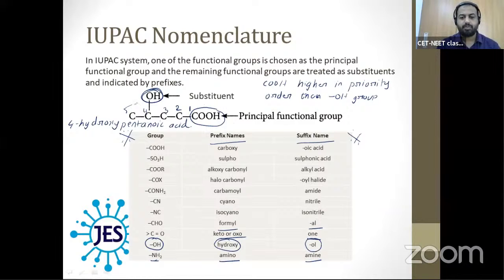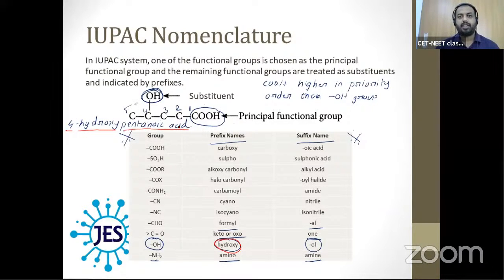It is hydroxy. See this? Hydroxy. And therefore you call it 4-hydroxy pentanoic acid. You also number its position, 4-hydroxy pentanoic acid. That's all you should know. So in such examples you must remember and memorize that priority order. Right, that was about naming polyfunctional compounds.